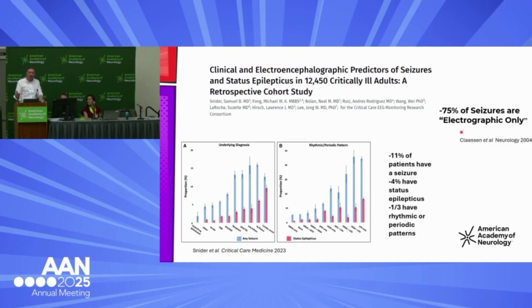It's really only about a quarter of those patients who will have had a seizure that was evident. So the important point here is that you need to use EEG if you want to find these things. You can't rely on only having a clinical seizure. Those can't be the only patients who ever get hooked up to EEG. You need to start screening more patients broadly.